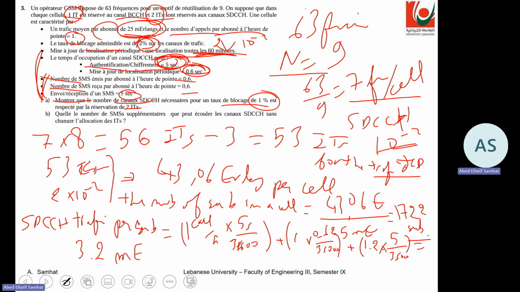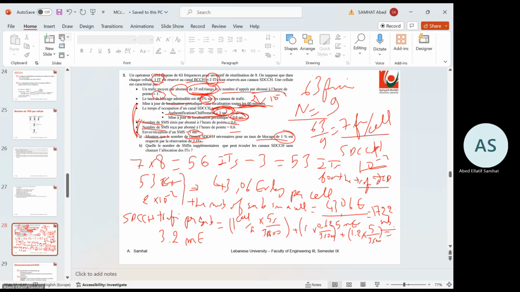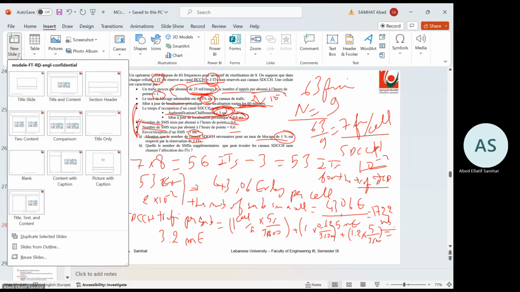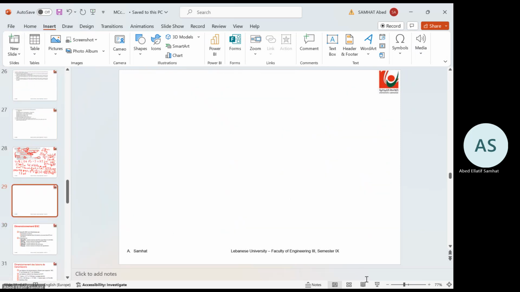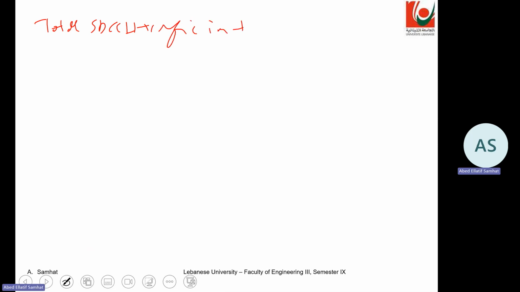If we want to have the total traffic, in this case, I want just to add one slide. So the total SDCCH traffic in the cell, in this case, is equal to the traffic per user times the number of users or subscribers.